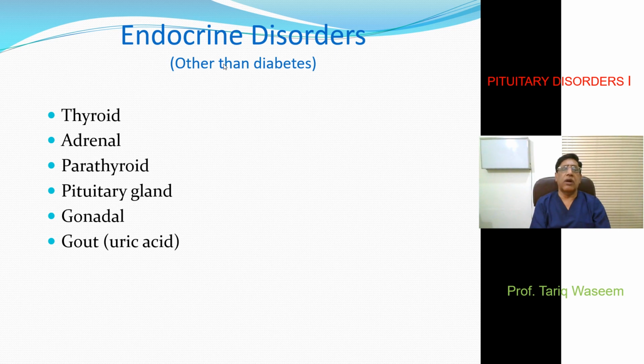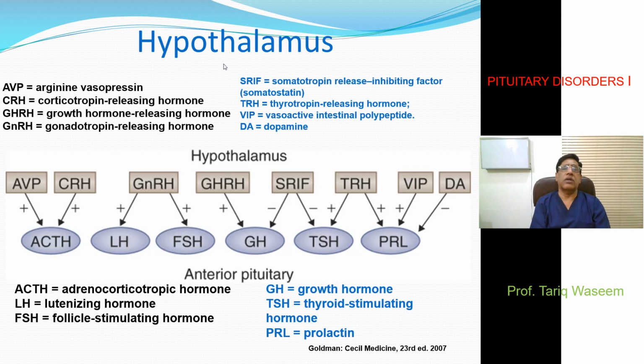Some people do regard it as some kind of endocrine function, but since it is not excreted by any gland, and the same is the case with uric acid, they are not conventionally called endocrine disorders.